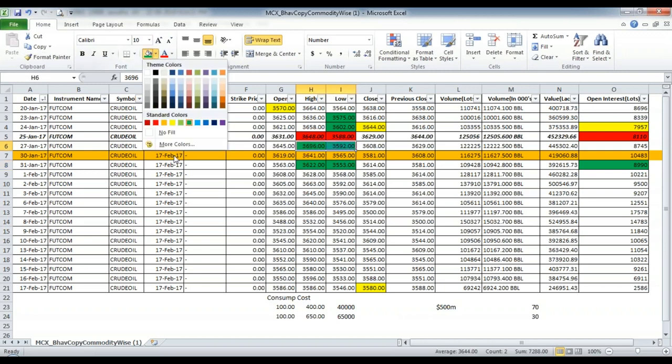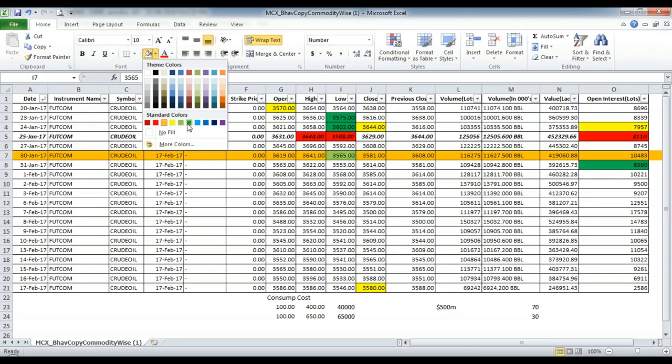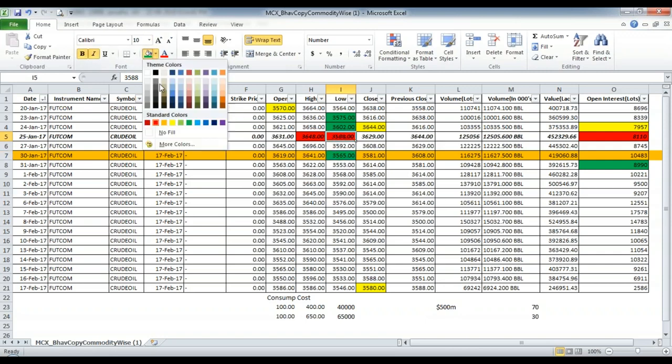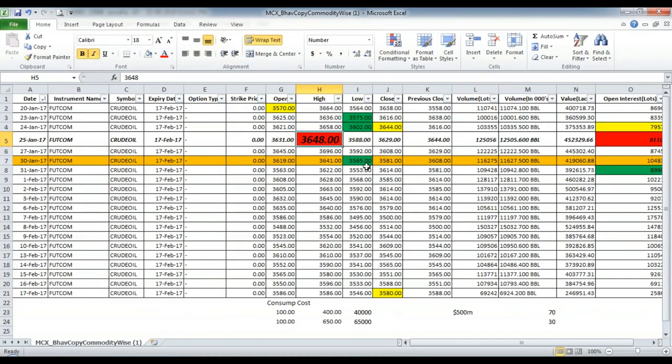Okay, I'm removing this color. So is there a support formation that seems to have happened on this particular day, right? So when it happened on this particular day, do you agree that it generated a support around 3565, right? Okay, so this is the resistance. Will you agree?